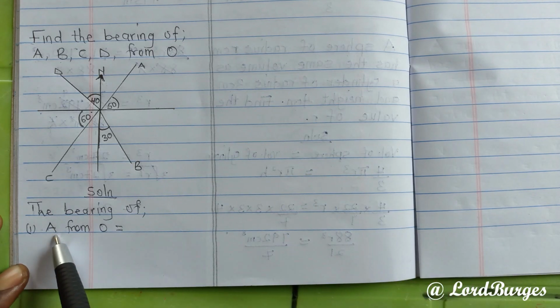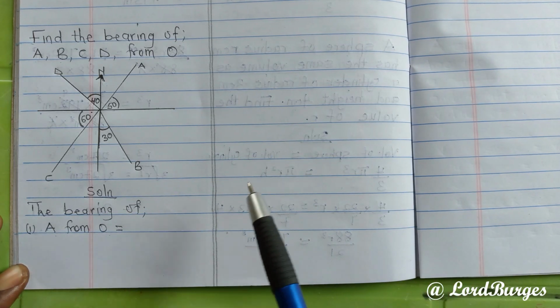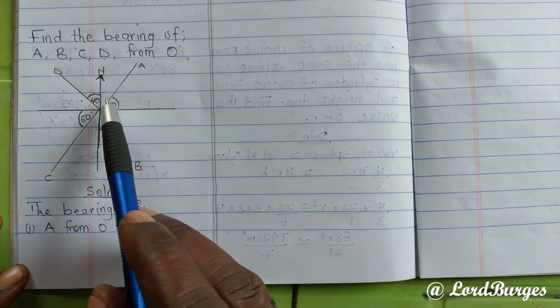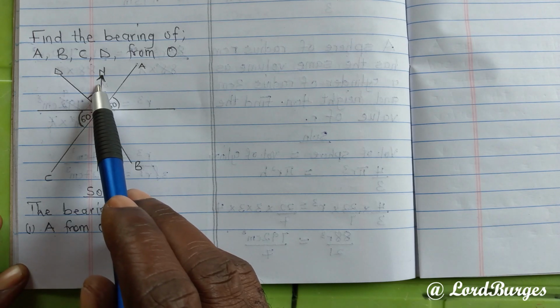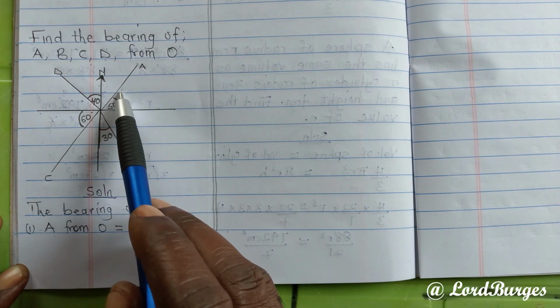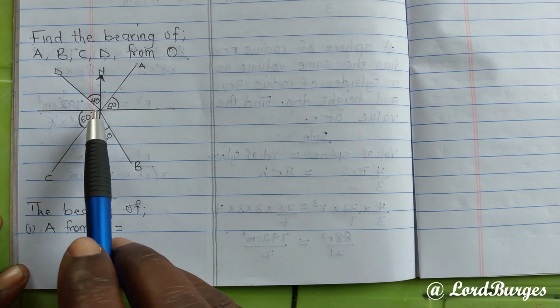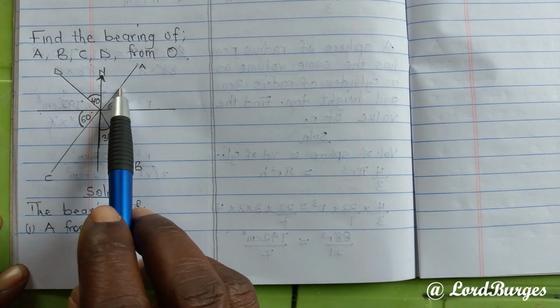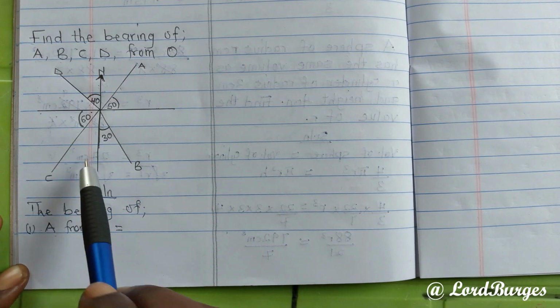The bearing of A from O means that we should travel from the North Pole and meet the A line. So when we travel from the North Pole to meet the A line, that will be the bearing of A from O.